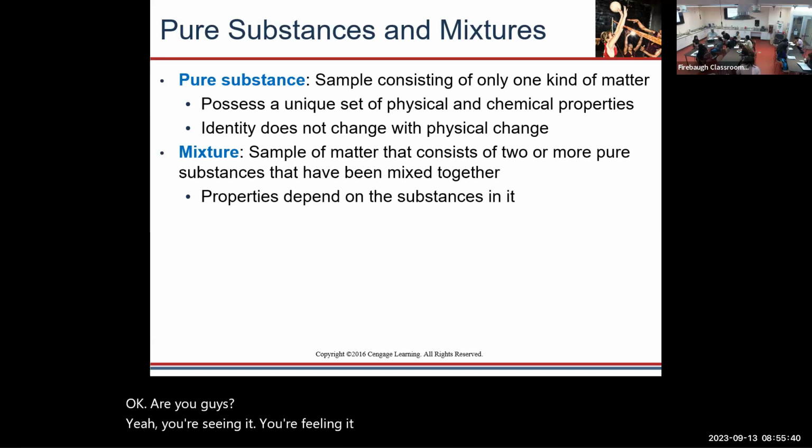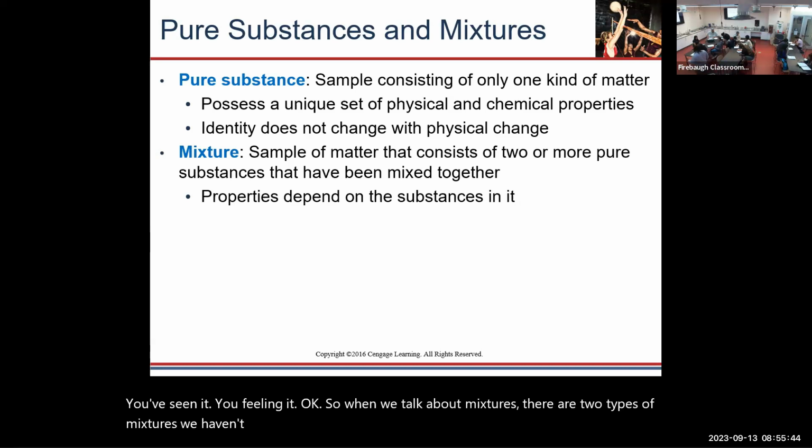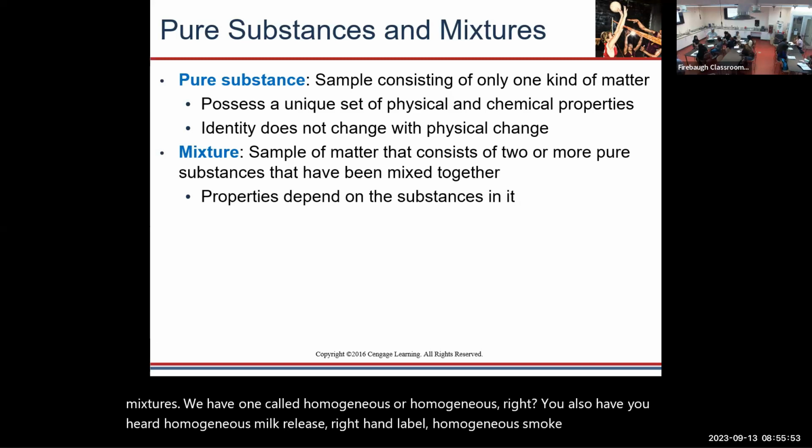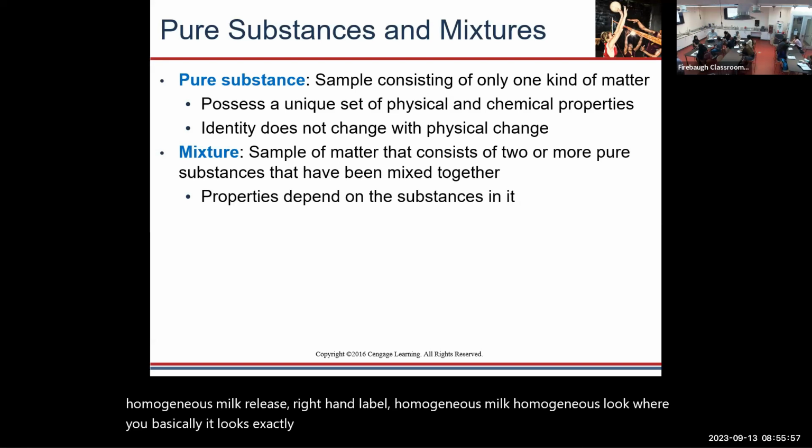Okay? So when we talk about mixtures, there are two types of mixtures. We have what we call homogeneous. You've also heard of homogenized milk? It's right in the label. Homogenized milk means basically it looks exactly the same throughout. So when milk isn't spoiled, doesn't it all look nice and evenly white?